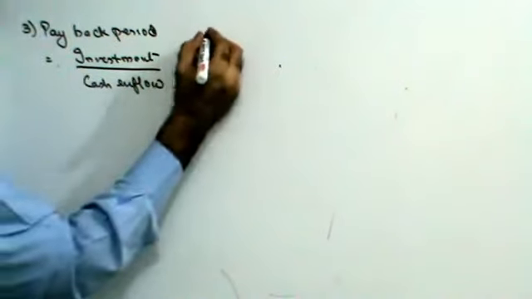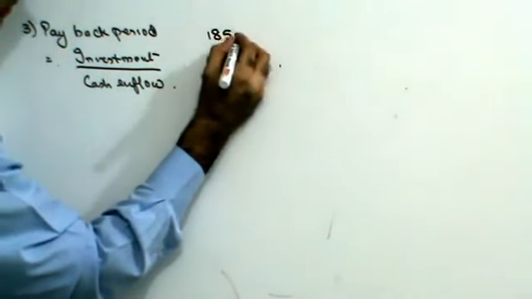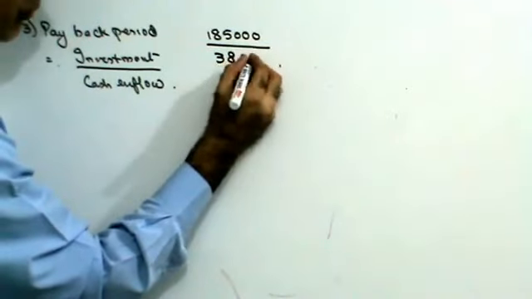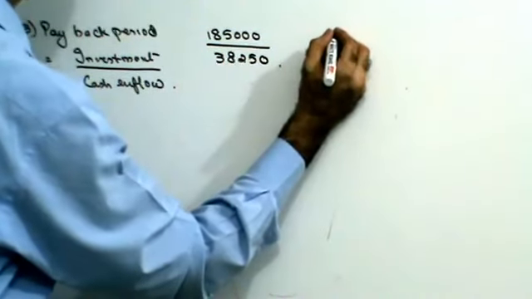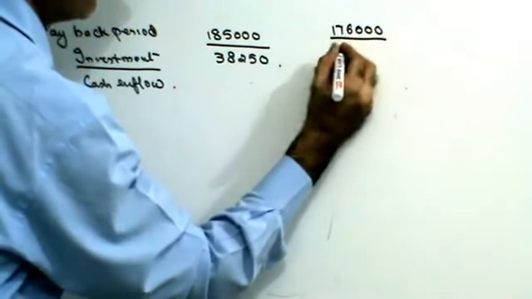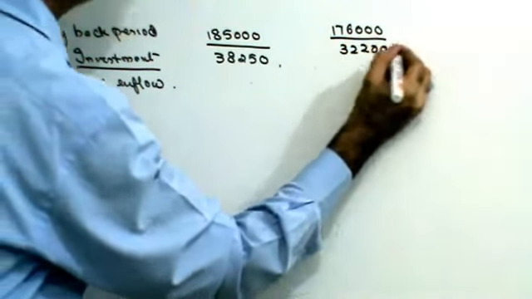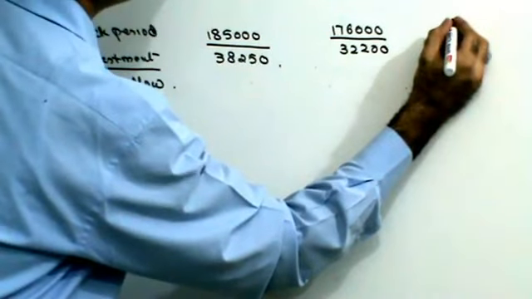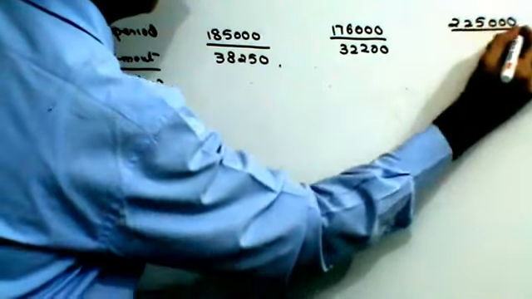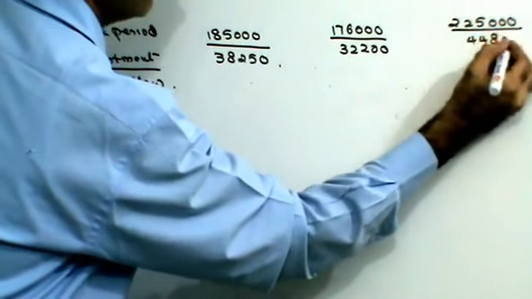Right? So your original investment in the case of machine A is 1,85,000 divided by cash inflow 38,250. In the case of machinery B, it is 1,76,000 divided by 32,200. In the case of machinery C, it is 2,25,000 divided by 44,800.